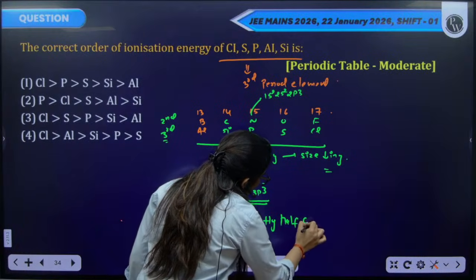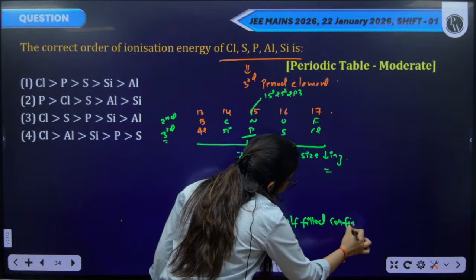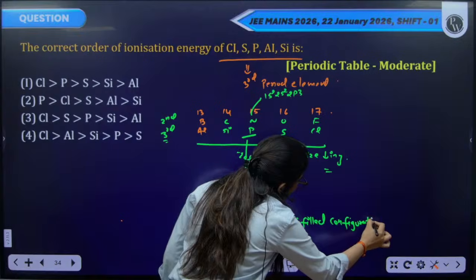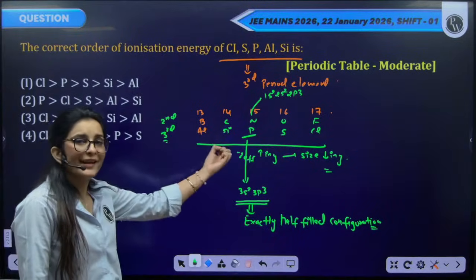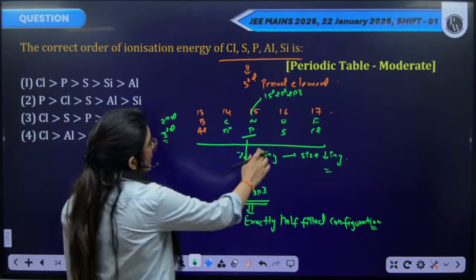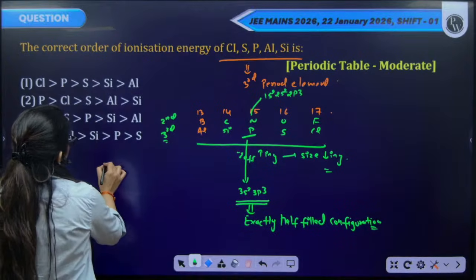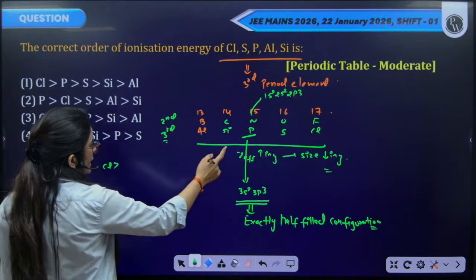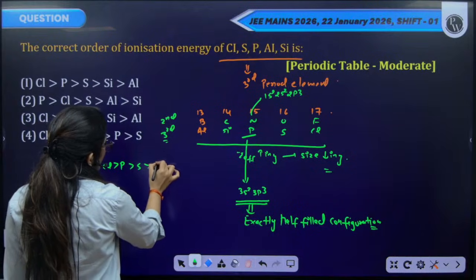Okay, so due to half filled configuration, it will have extra stability. Okay, and due to extra stability, it will be a bit hard to take the electron outside as compared to sulfur. Okay, so according to me, the order should be chlorine at the top, then phosphorus, then sulfur, then silicon, then aluminium.